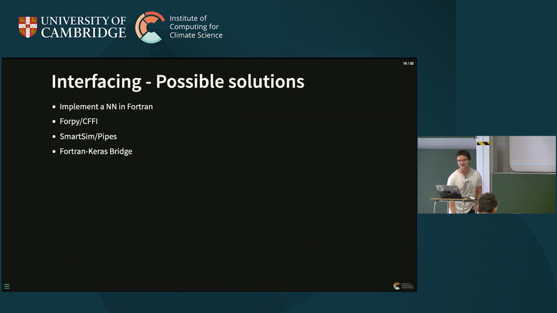There are a few options out there. I know some people this week have talked about 4Pi and SmartSim. The one thing I think we would all implore you not to do is to write your neural net in Fortran. Jim did tell us how we can save the weights from our Python neural nets. You could conceivably then read these into Fortran and build a neural net. Please don't.